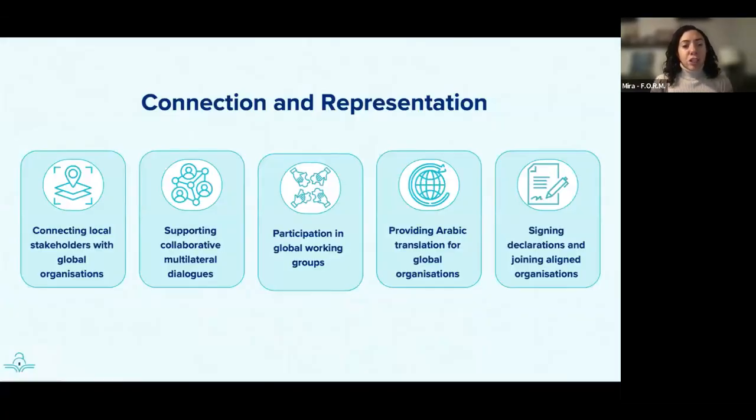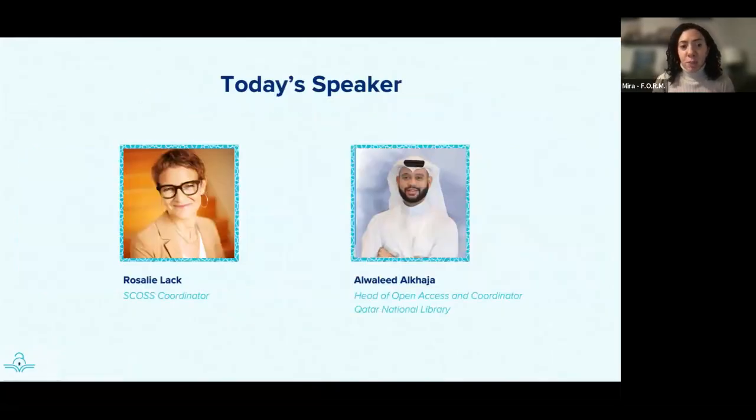As we care about connection and representation, we're connecting local stakeholders with global organizations, supporting collaborative multilateral dialogues, participation in global working groups, and providing Arabic translation for global organizations. And lastly, signing declarations and joining aligned organizations.